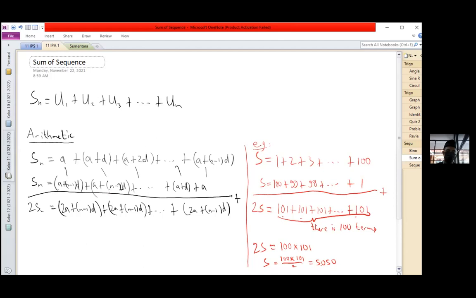We have from u1, the first term, until the nth term, so in total there are n terms.